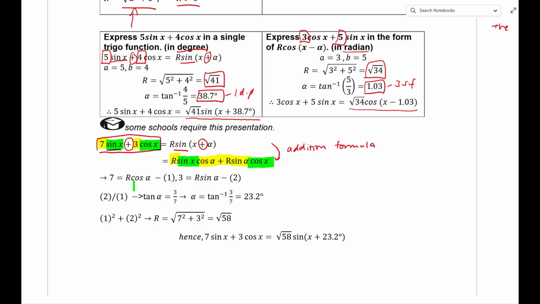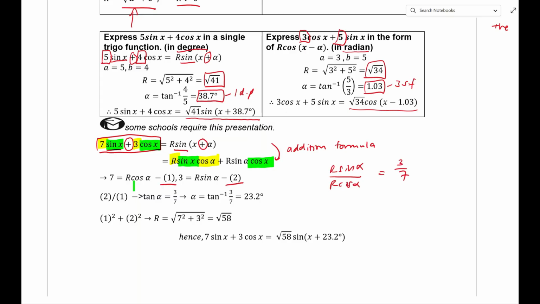So we can equate these coefficients to each other. That's why we will get 7 equals r cosine alpha and 3 equals r sine alpha, which forms our two equations. Now if we do equation 2 over equation 1, we'll see that it's r sine alpha over r cosine alpha equals 3 over 7.